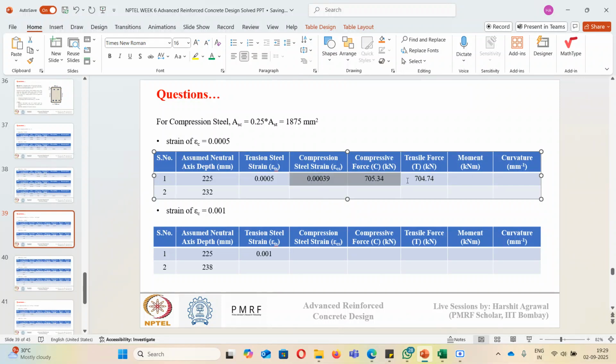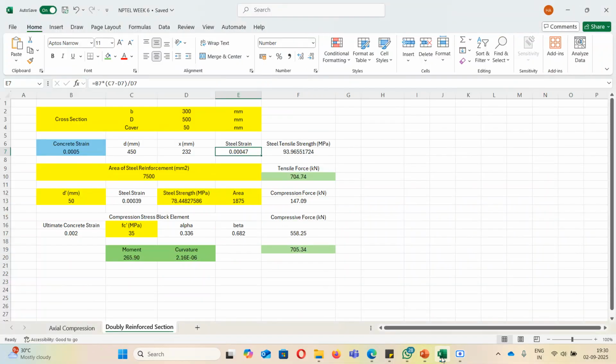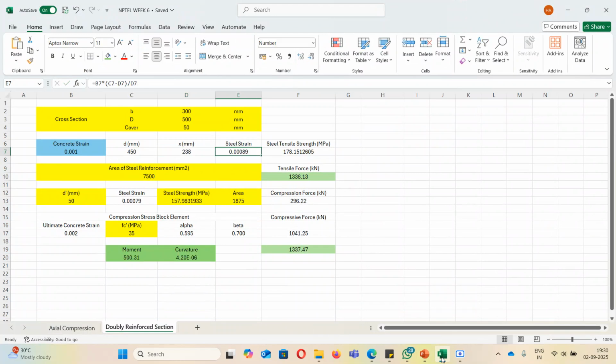They both are almost equal. Okay, I will copy this here in the second block. Moment of resistance is 265.90, and curvature is 2.16 into 10 to the power minus 6. Now I will increase the strain in concrete. I will set it to 0.001. Okay, now for this, balanced neutral axis depth will be 238.